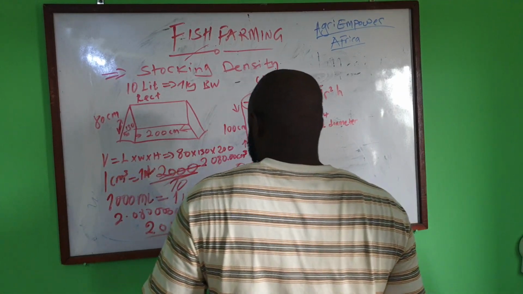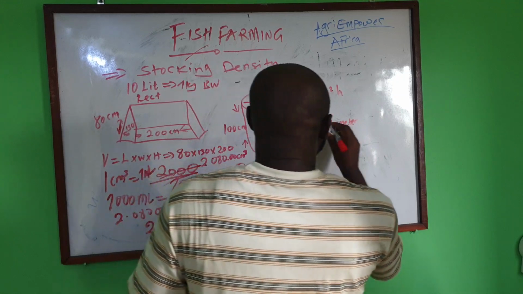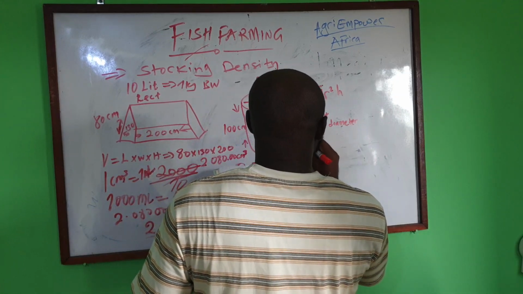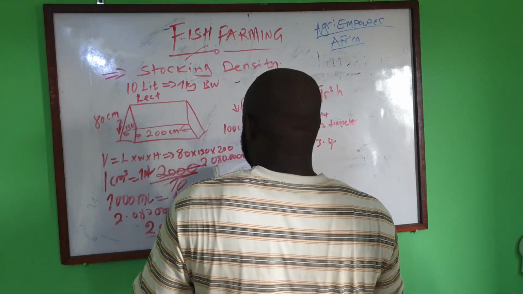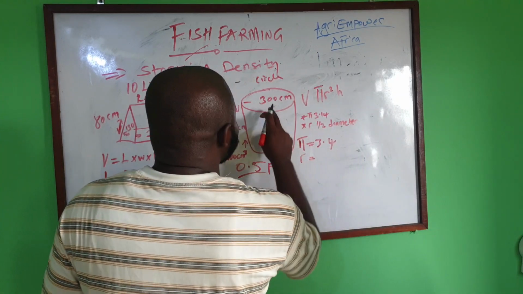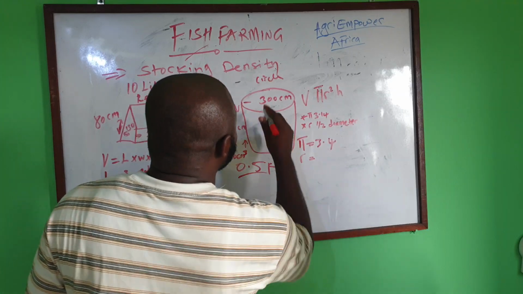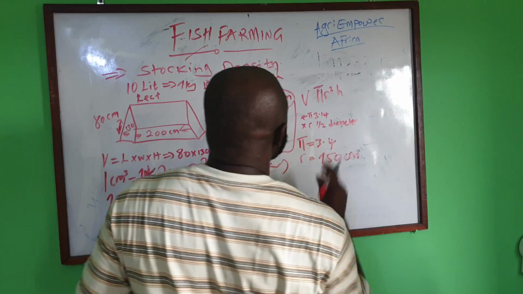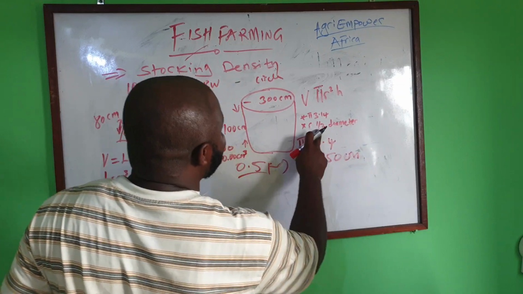So now, if pi, for example, is equal to 3.14, then the radius will be equal to, the diameter is 300, so the radius will be equal to 150 centimeters, because radius is half of diameter.